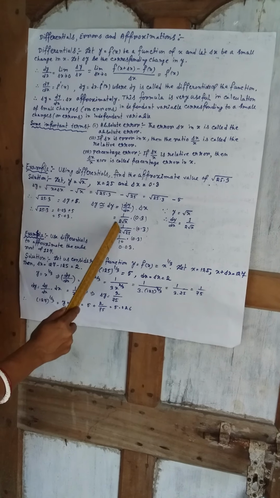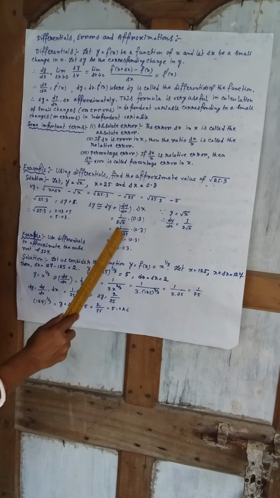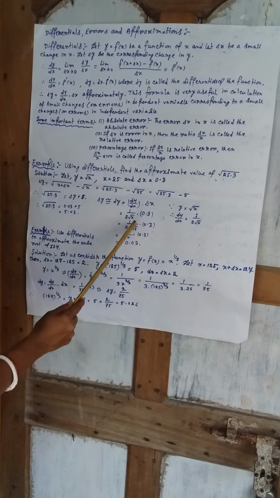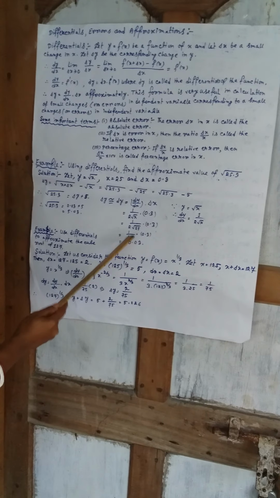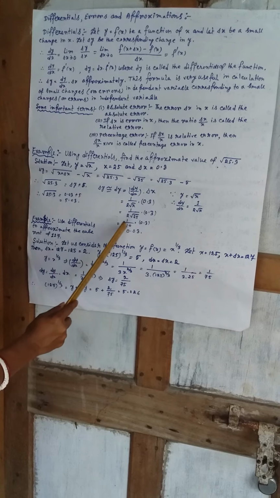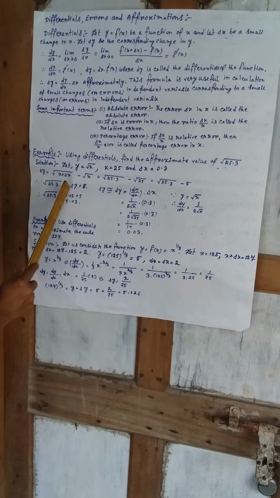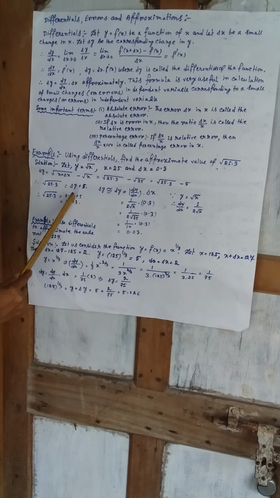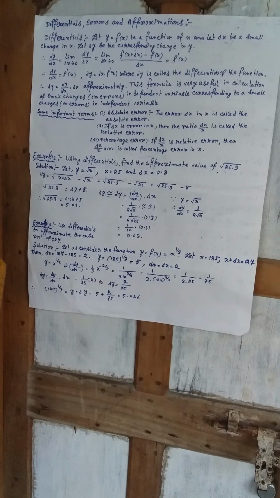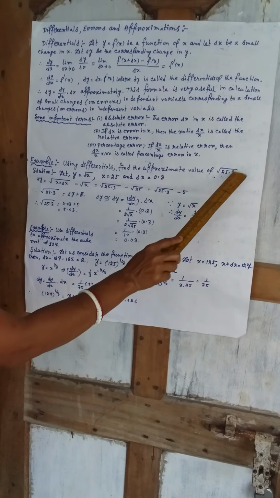Now 1 by 2 root of 25, x means 25, into 0.3; root of 25 means 5, 2 into 5 equal to 10, therefore 1 by 10 into 0.3 is equal to 0.03. Now in place of del y you put 0.03, this is 0.03 plus 5, that is equal to 5.03. This is the approximate value of this.